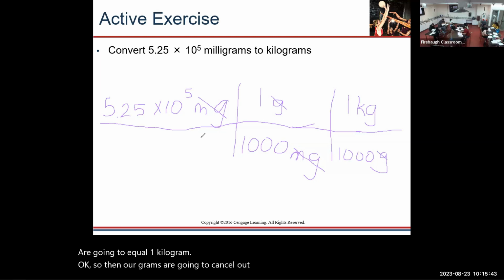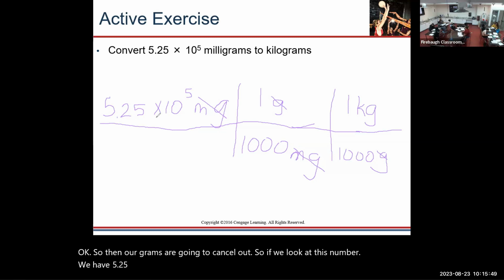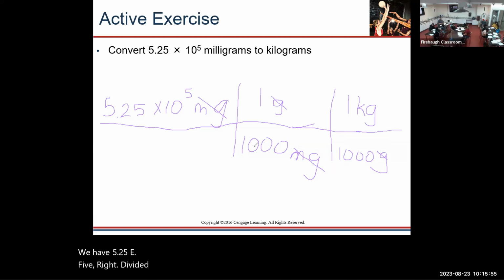So if we look at this number, we have 5.25 EE5, right? Divided by 1,000, then divided by another 1,000.